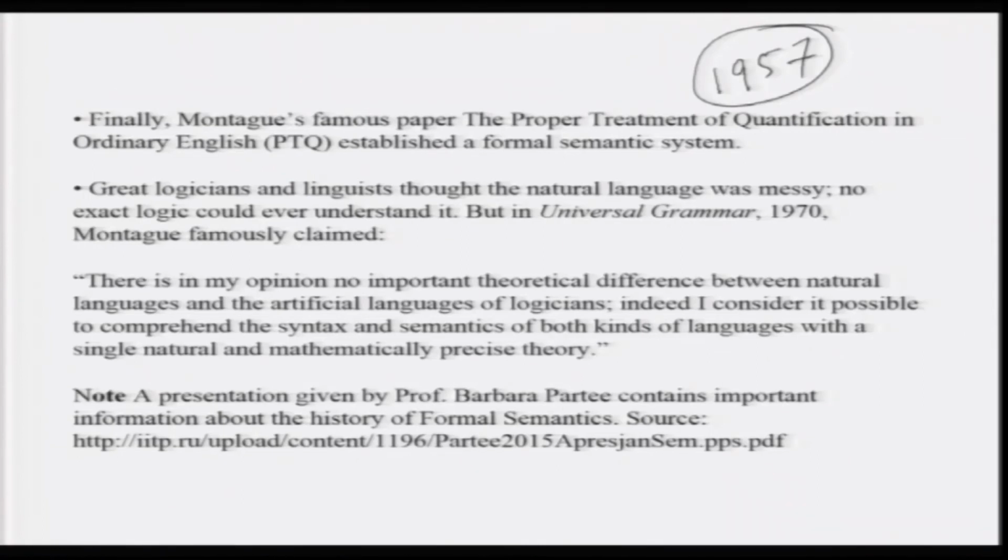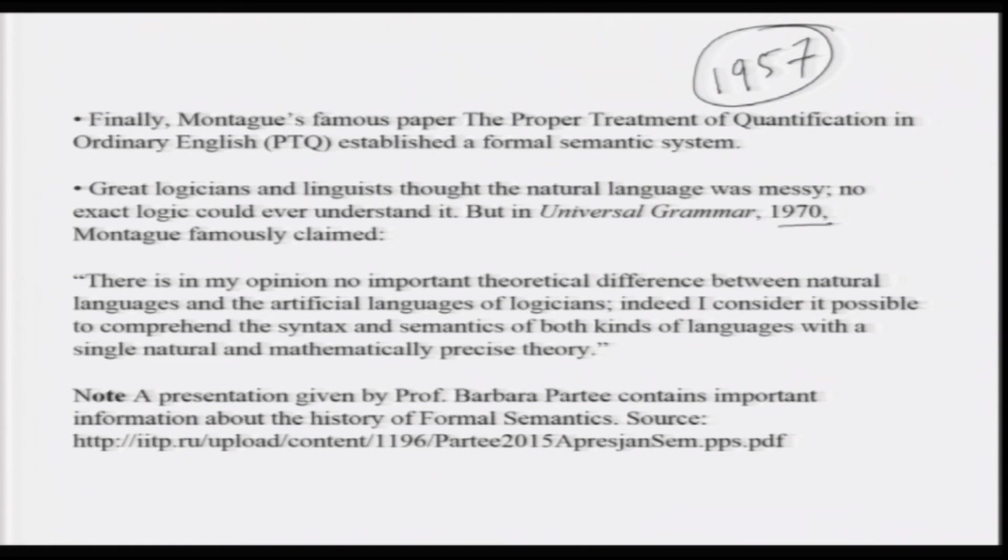But in Universal Grammar, which was published in 1970, Montague famously claimed, "There is, in my opinion, no important theoretical difference between natural languages and the artificial languages of logicians. Indeed, I consider it possible to comprehend the syntax and semantics of both kinds of languages with a single natural and mathematically precise theory."